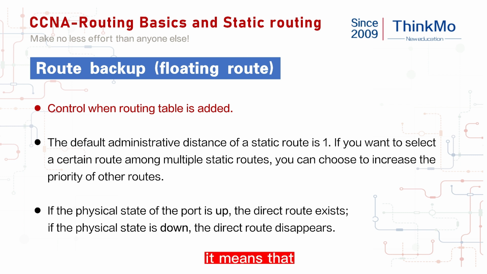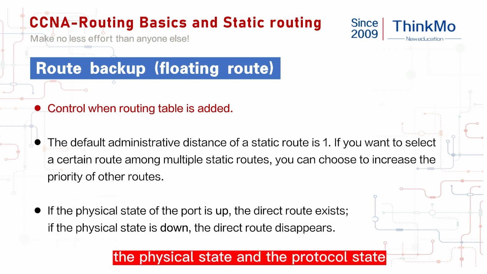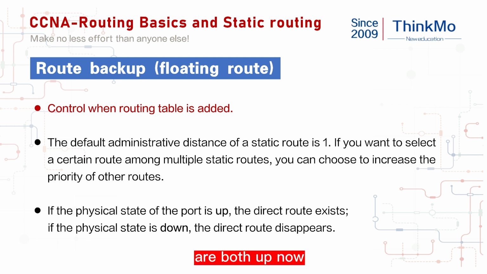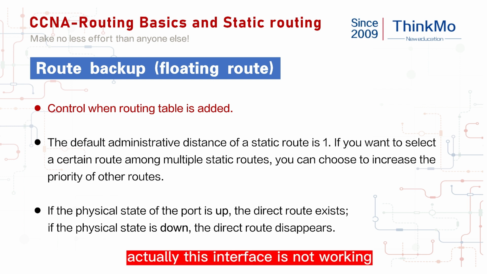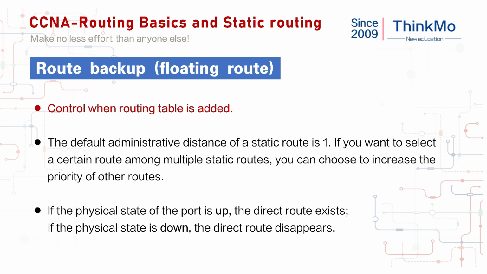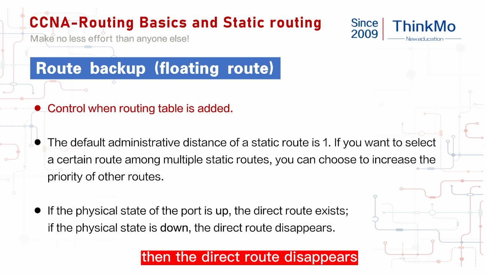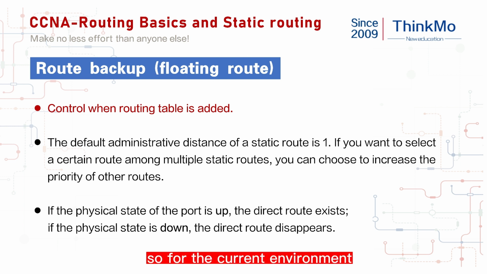It means the physical state and the protocol state are both up, so a direct route will be generated. This is what we said before. If the physical state of the port is up, the direct route exists. If the physical state is down, the interface is not working, and the direct route disappears. So in the current environment, because the ports are down, there is no such direct route.